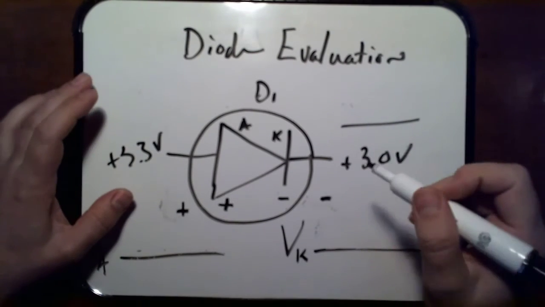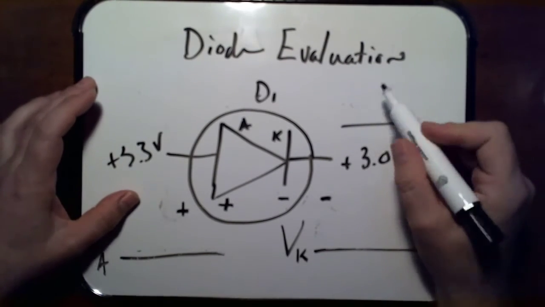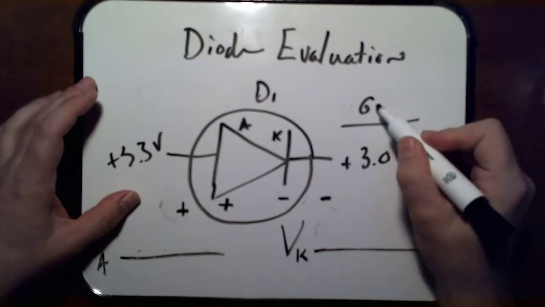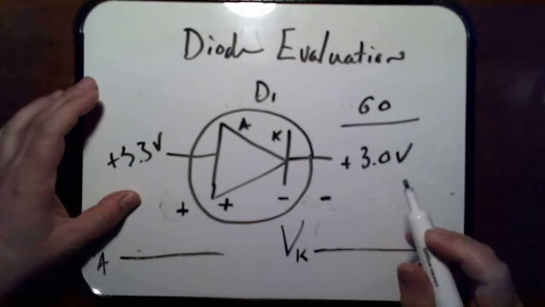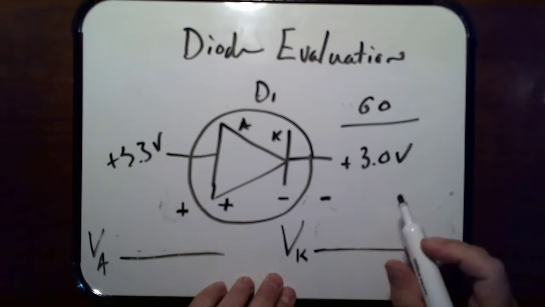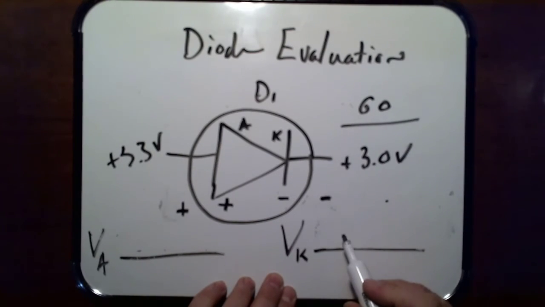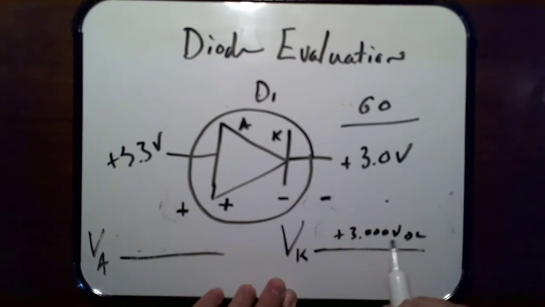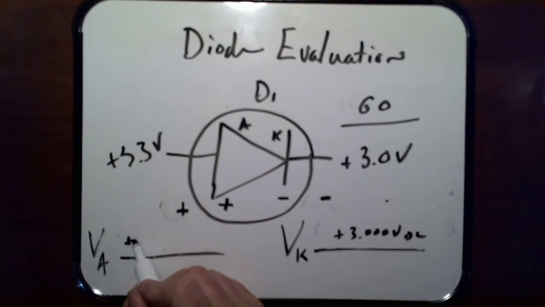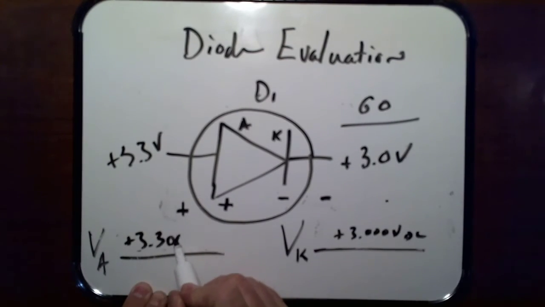All right, so let's go. And I have my germanium diode drop of 0.3 volts. So my voltage at my cathode is plus 3.0 volts DC. The voltage at my anode is plus 3.3 volts DC.